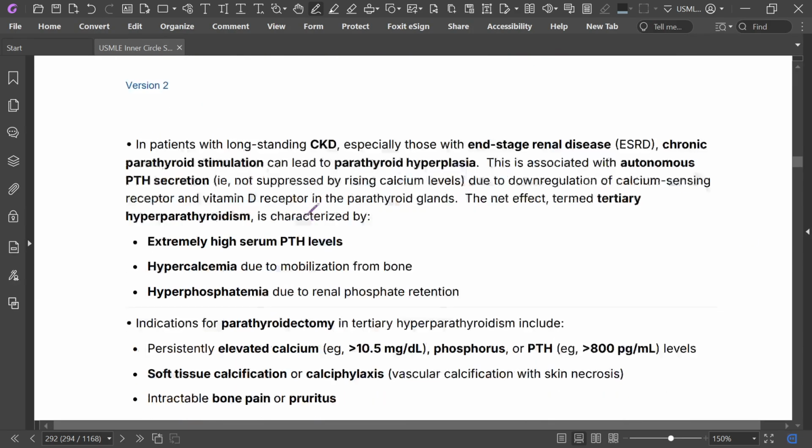In patients with long-standing CKD with end-stage renal disease, chronic parathyroid stimulation can lead to parathyroid hyperplasia.